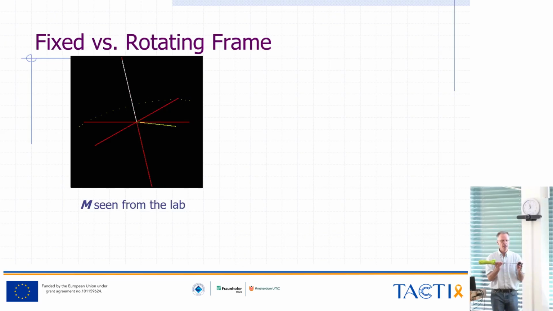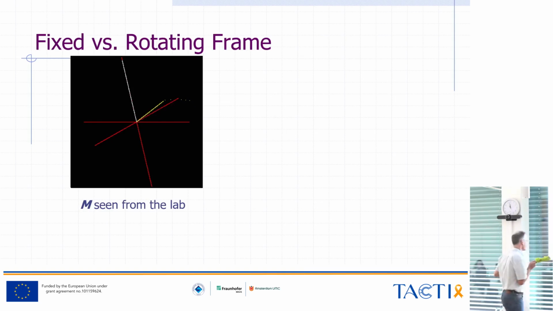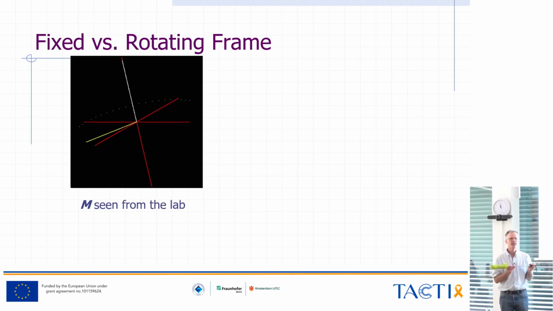What does it mean? It just means that we are following this magnetization, which is sitting at isocenter. And we know it's precessing 128 million times per second. But we are doing exactly the same. So we are rotating exactly 128 million times per second as well.